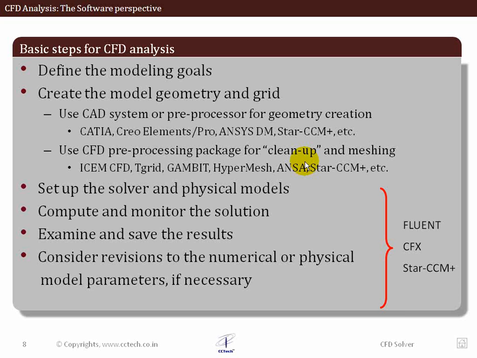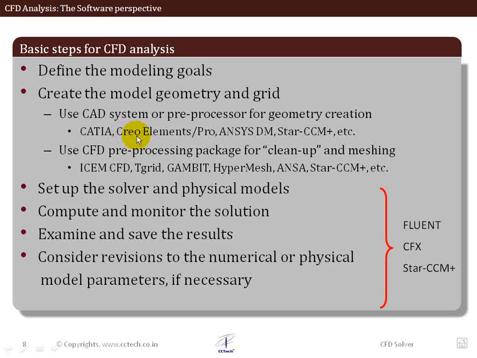So these are the basic steps in CFD analysis. Whenever we are looking for defining a problem, we should be aware of what our goals are first of all. And once we have our goals ready, then we start with creating the geometry and meshing it. As you can see here, when it comes to meshing, there are a lot of solutions being offered by commercial packages like CATIA, or what was formerly known as Pro-E.